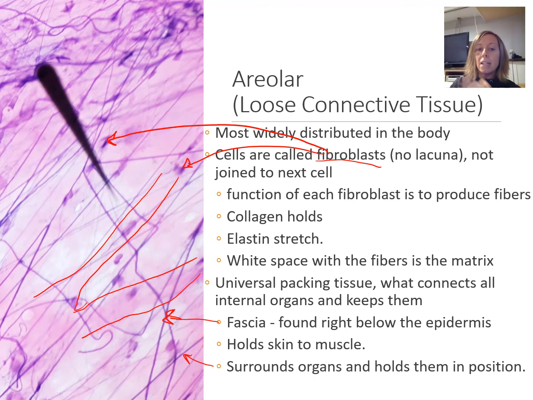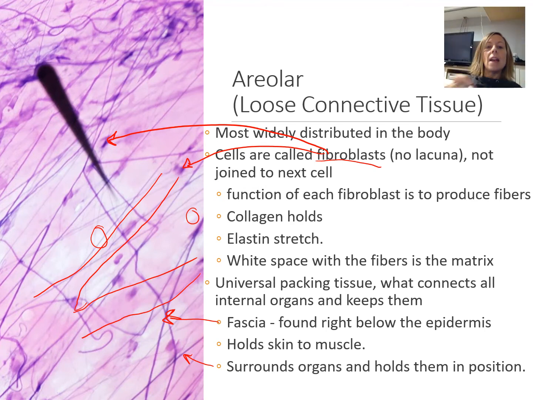So we have collagen and elastin. The elastic fibers are made of elastin. They're purple. They give stretch, whereas the collagen fibers, which are pink, are going to give strength, okay? The white space, kind of like right there, that's going to be the matrix. All right, that's the matrix of the tissue. That's like the background of the tissue.